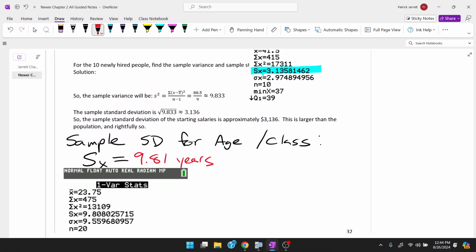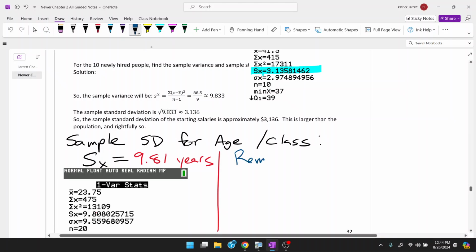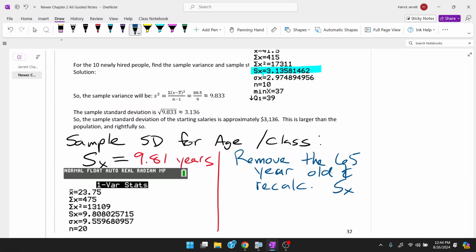Now, here's what I want you to do. I want you to now remove the 65-year-old and recalculate your sample standard deviation. Real easy to do that, because all you do is you go back into the data and you remove that 65-year-old.